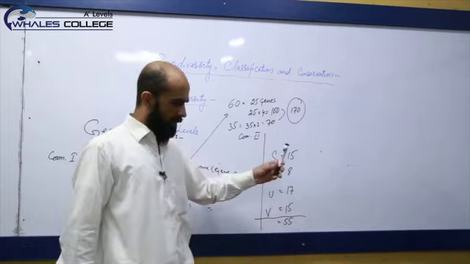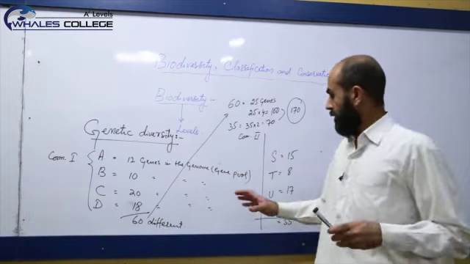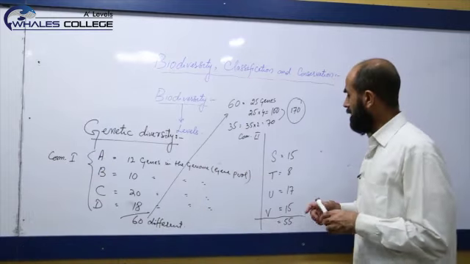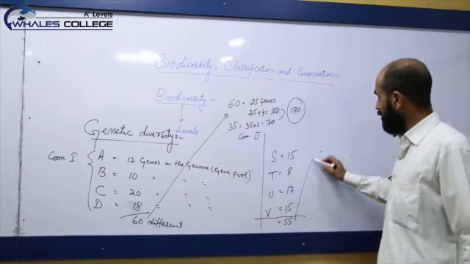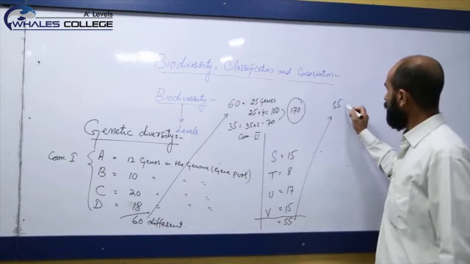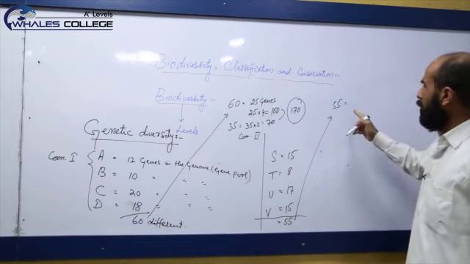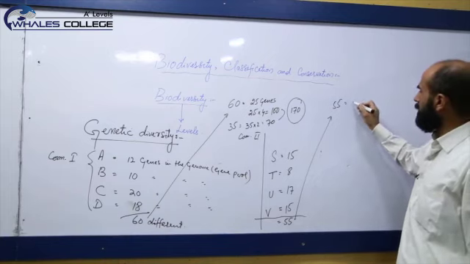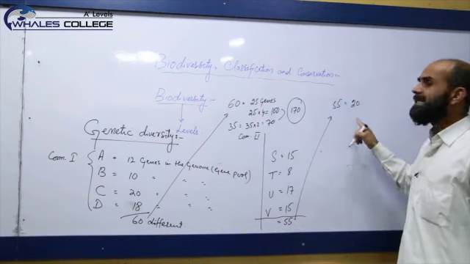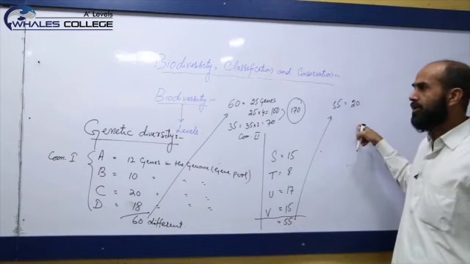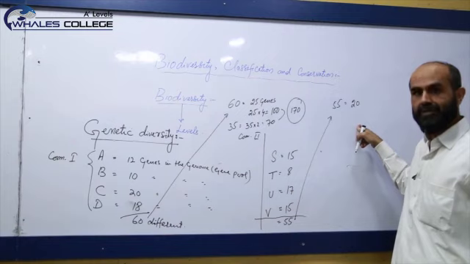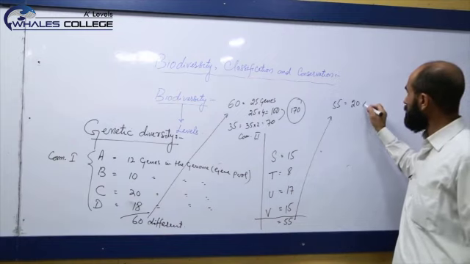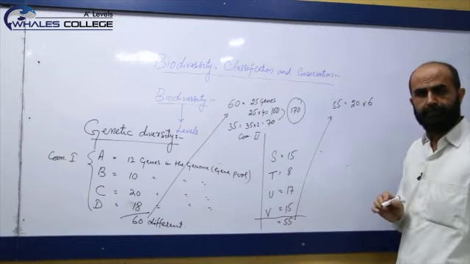Now look at this one. Here we have a total of 55 genes, and let's suppose 20 of them each possess about 6 alleles, so we multiply by 6.